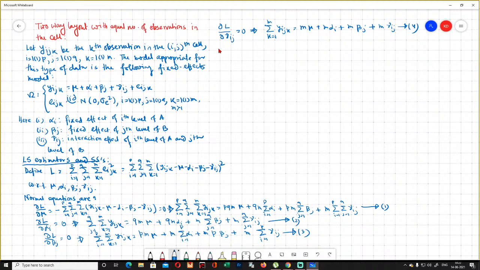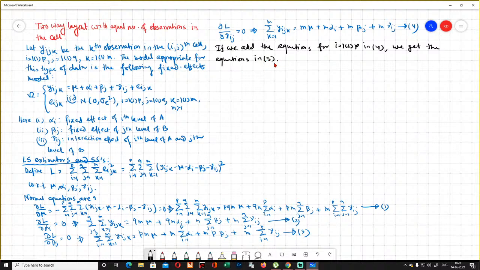So if we add the equations for i from 1 to p in 4, we get the equations in 3. Please check it.